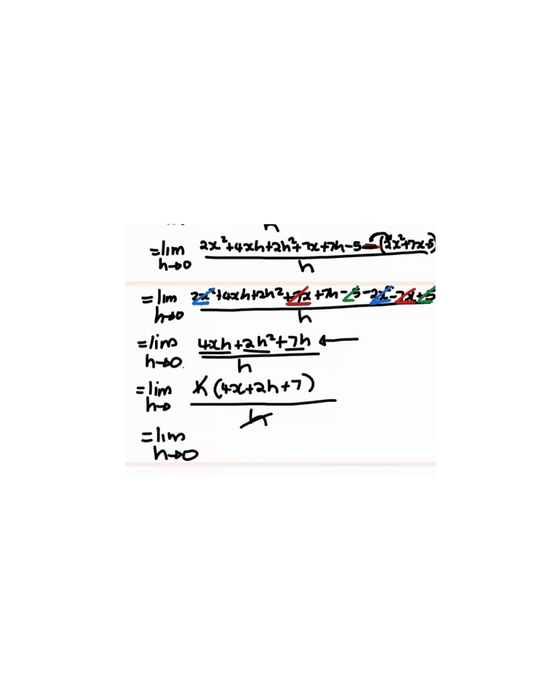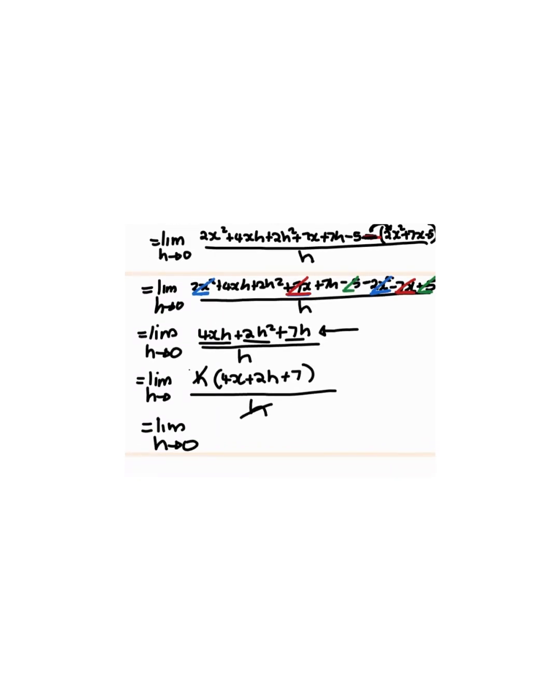Then now you can nicely cancel out your h's and you are left with the limit as h tends to 0. Remember guys, the limit as h tends to 0, you are going to carry it until just the second last step, the step before you substitute your 0.